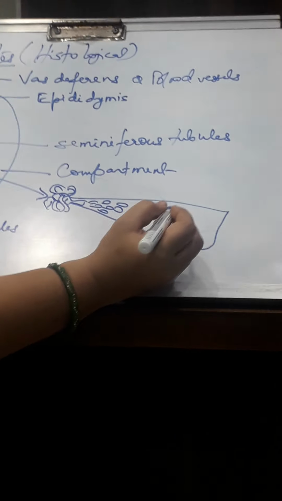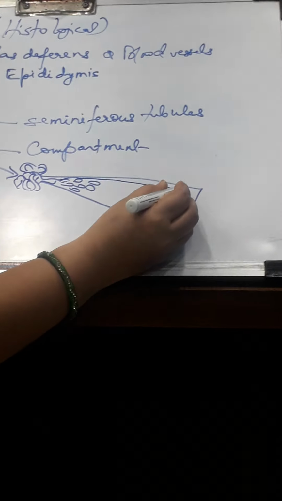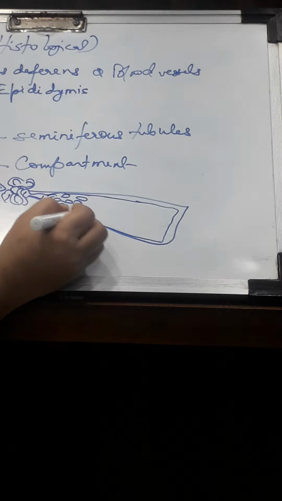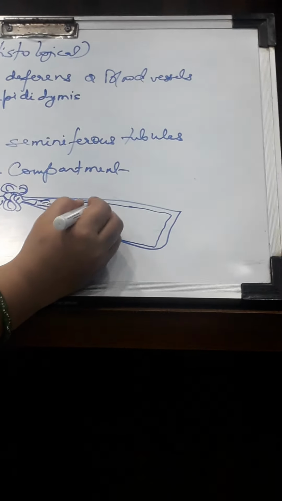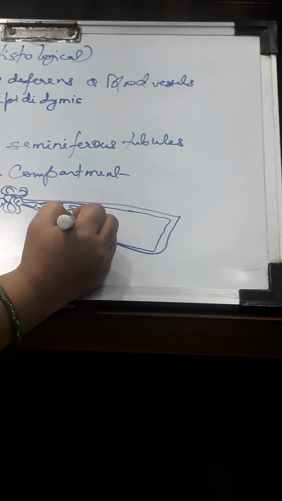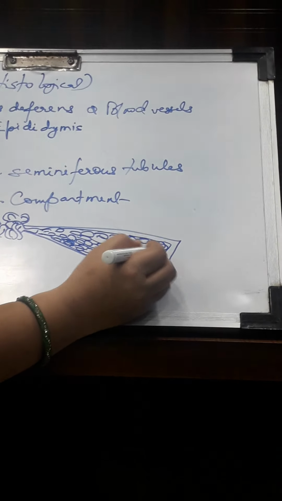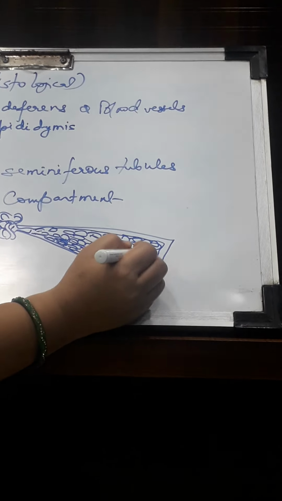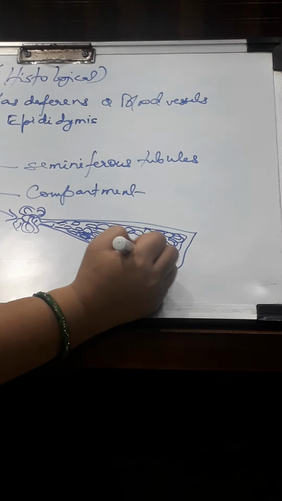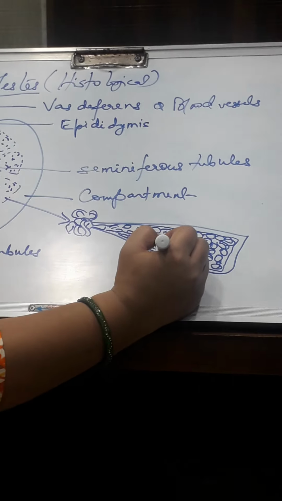These are fin-like structures, tubular forms comprising blood vessels, with the capacity to hold semen and sperms for ejaculation.